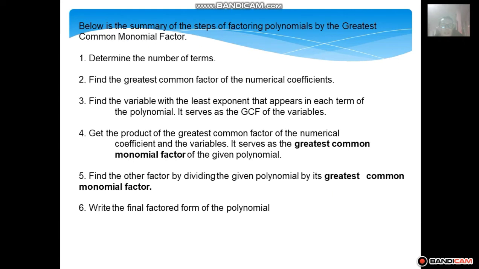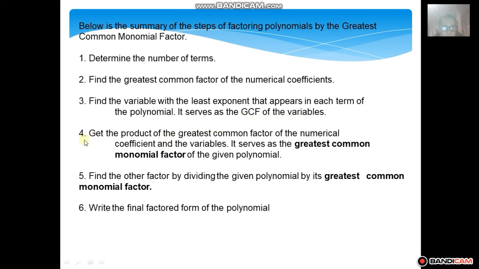Below is the summary of the steps of factoring polynomials by the greatest common monomial factor. Number 1, determine the number of terms. Number 2, find the greatest common factor of the numerical coefficients. Number 3, find the variable with the least exponent that appears in each term of the polynomial. It serves as the GCF of the variables.